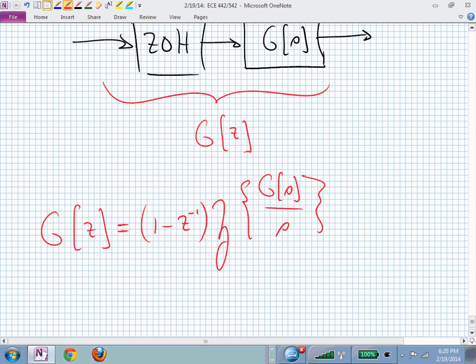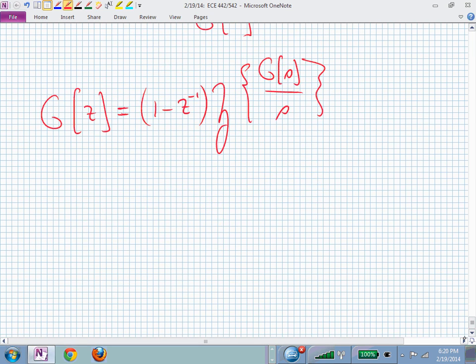That's our zero order hold equivalent expression. So this is now 1 minus z to the minus 1, z transform of k over s times s plus a.